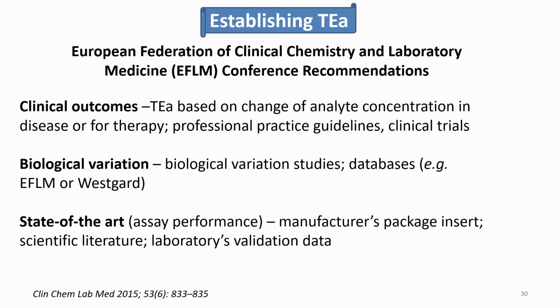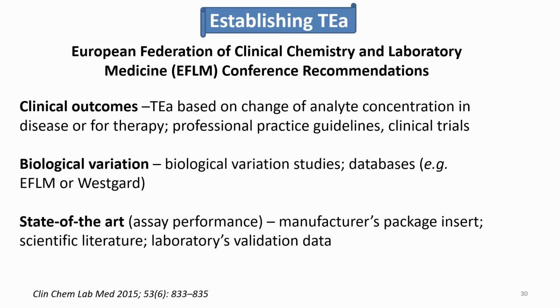So the European Federation of Clinical Chemistry and Lab Medicine in 2014 had a conference in Milan where they discussed how to establish allowable total error goals. And so allowable total error goals based on clinical outcomes is the preferred approach. So your error goal or error limit should not exceed the change of analyte concentration in disease or a change of analyte concentration required for therapy.